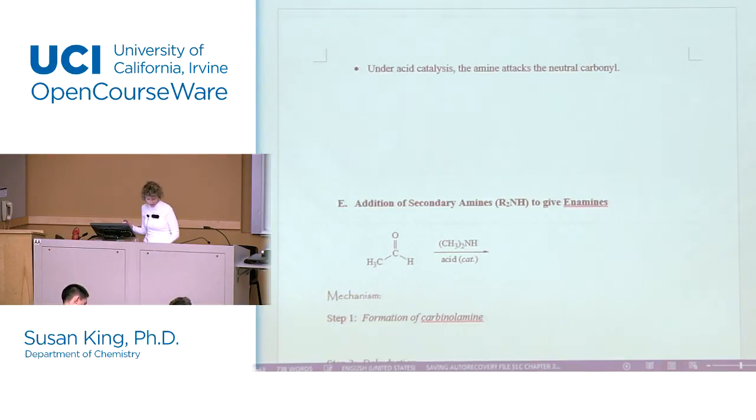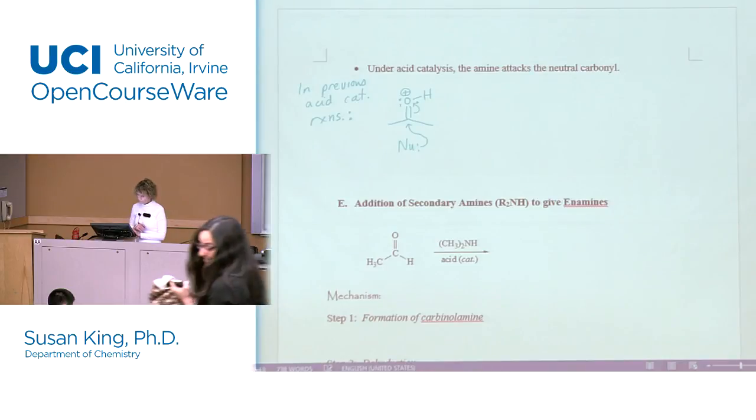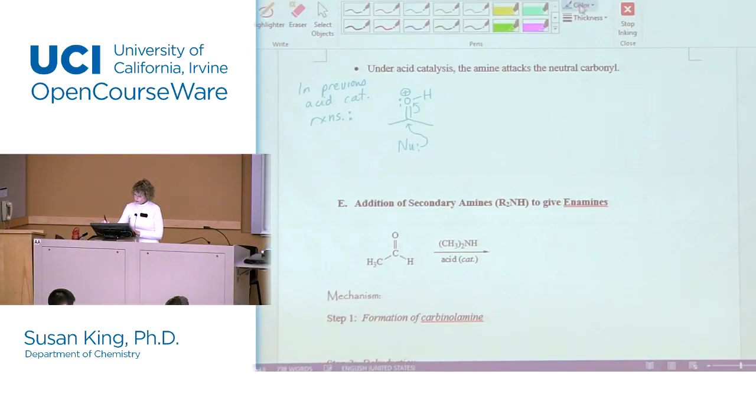So why is that? In previous acid catalyzed reactions, we protonate the carbonyl first, and then we have the nucleophile attack. In this reaction that doesn't happen.